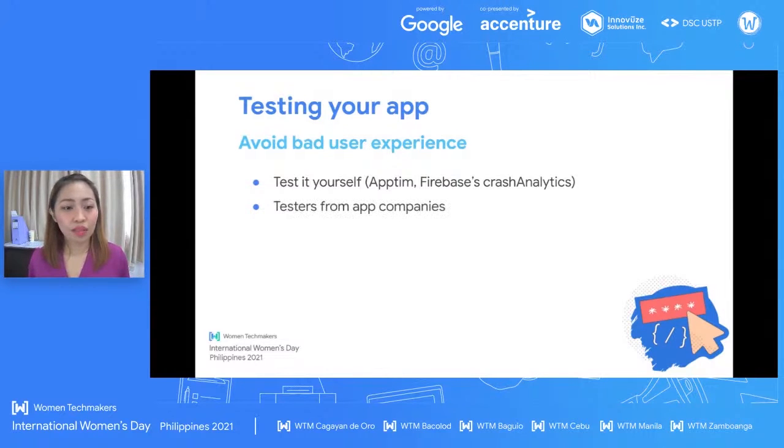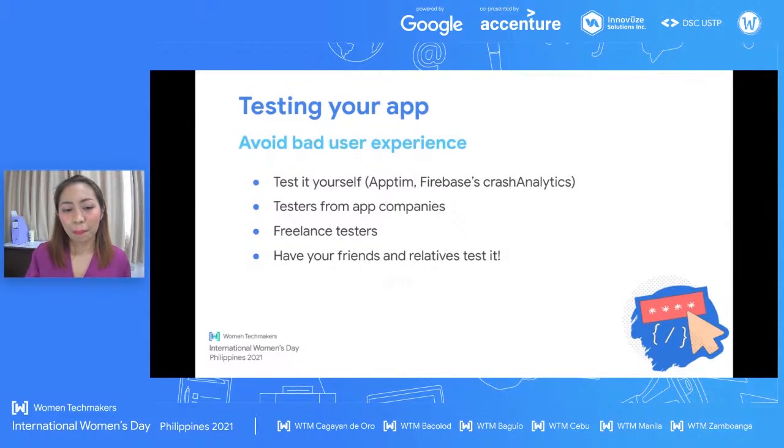Or maybe you want app companies to test your app, or hire freelancers, so freelance testers. And maybe you can have your friends and relatives test it. And also find what I call perfect strangers. So these are people that can test your app, supposedly for free, or maybe you can give them something.